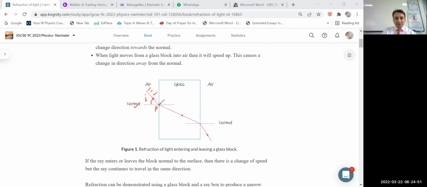Now children, you can see here, instead of going in this direction, it changed its path. Where is it going? You can see it bends. Where? Towards the normal, children. This is the normal line. It bends towards the normal. In later classes, we will try to find out with what angle this will bend, how much it will bend.